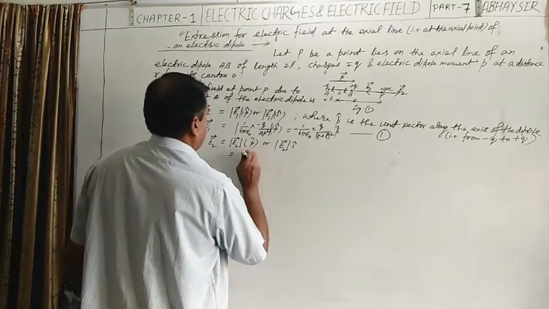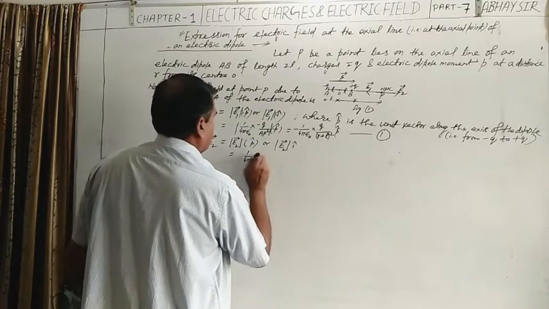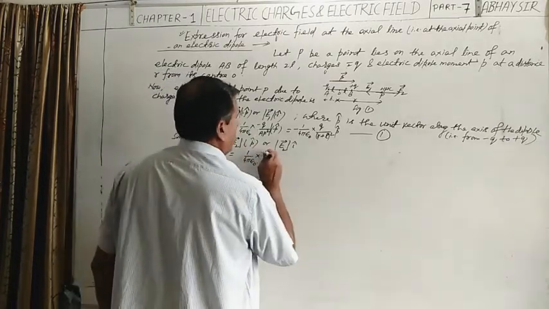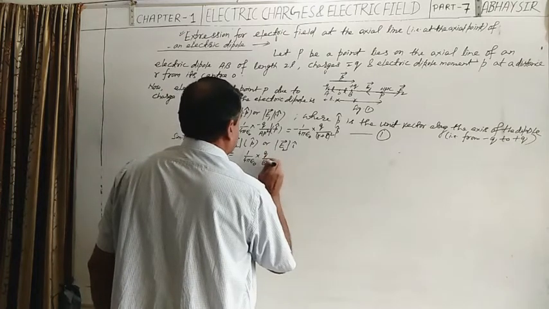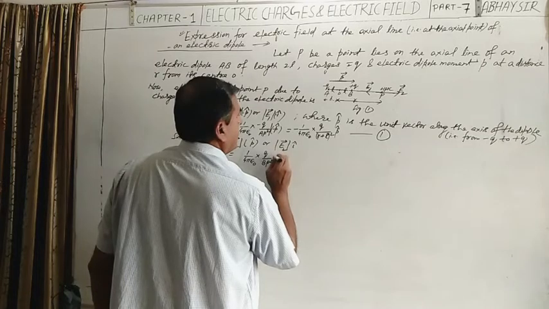E2 is 1 upon 4 pi epsilon 0, q upon BP square mod H, P cap.